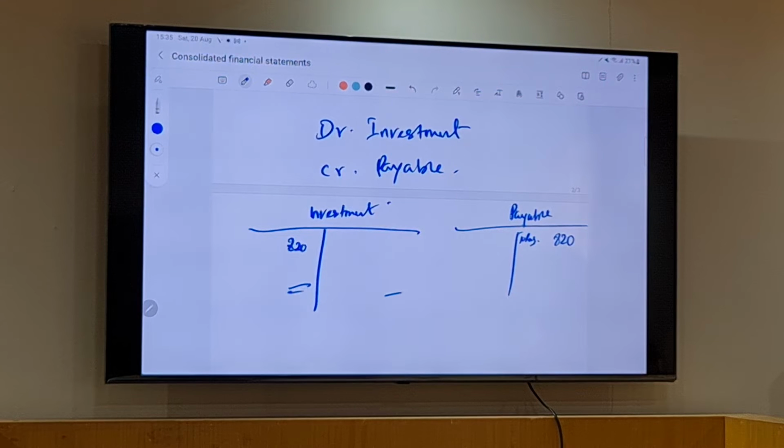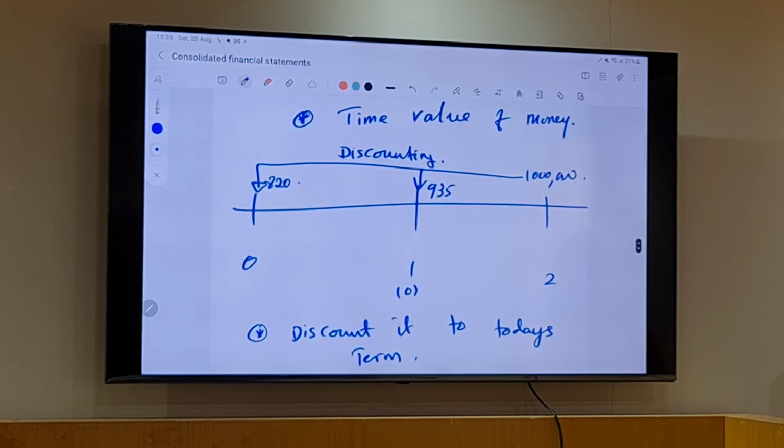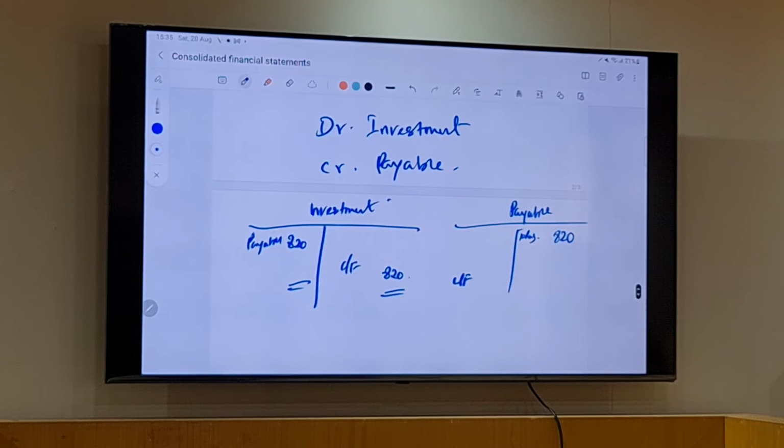And this, no problem. I will transfer this to calculate the goodwill. It is coming from payable. This will be carried forward as it is. No issues. But at the end of the first year, how much will the payable be? 935.